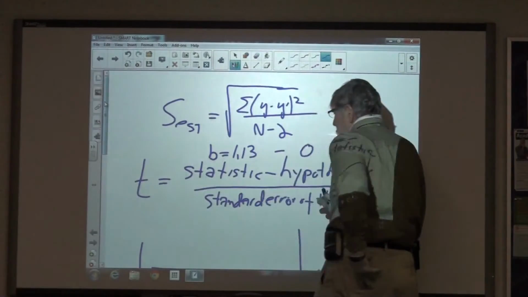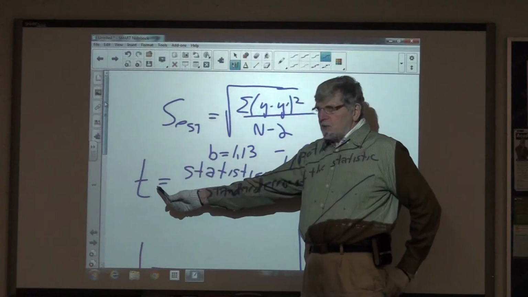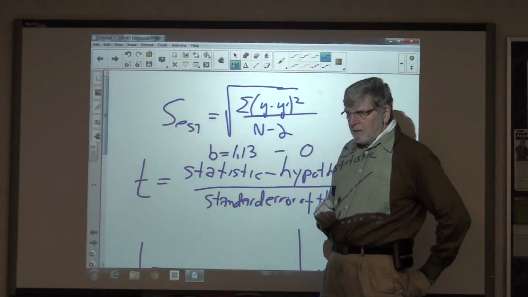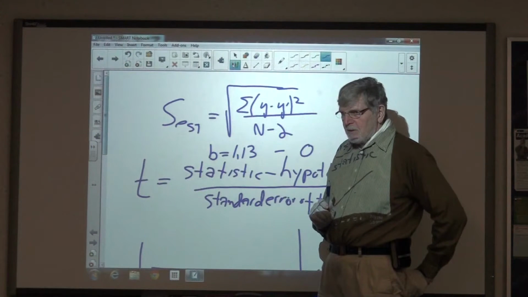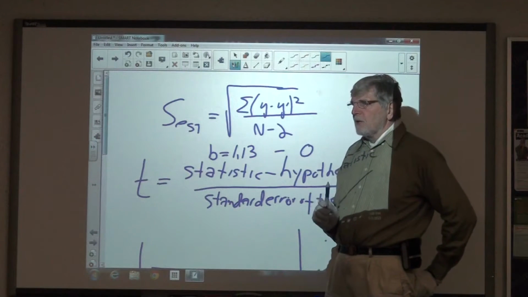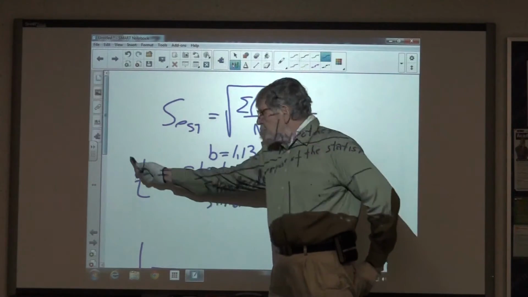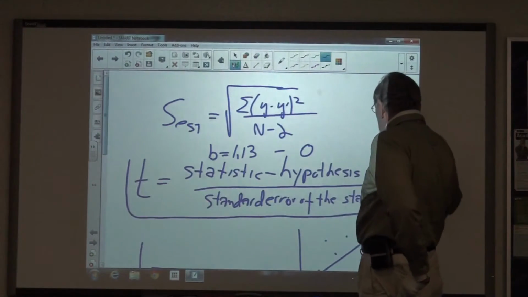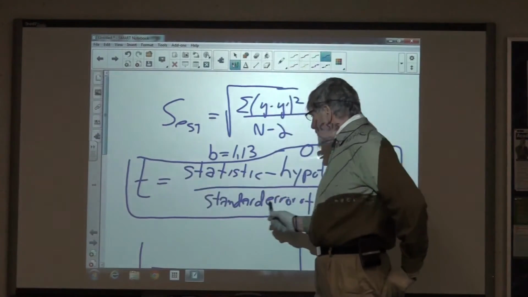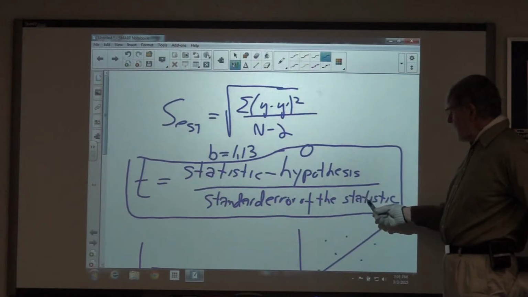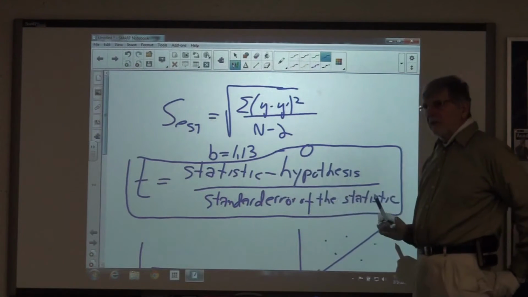Before you can find the significance of the slope, you need to find its t-value and use the significance table. Agreed? You can't find a significance level without a t-value, true? And this is the formula for the t-value. The formula for the t-value involves, in the denominator, the standard error of that item that you're looking for. In this case, you're looking for the slope.